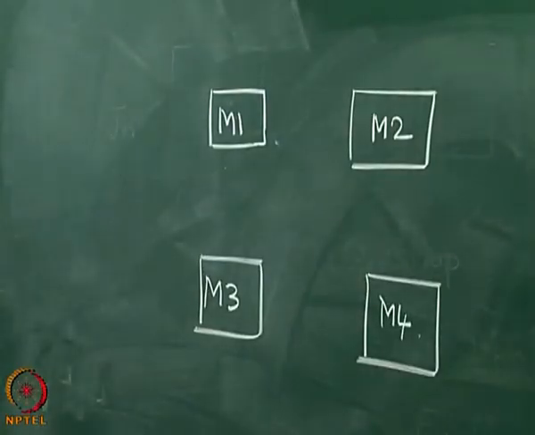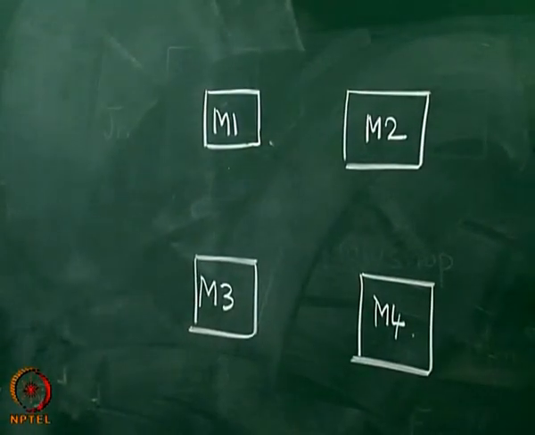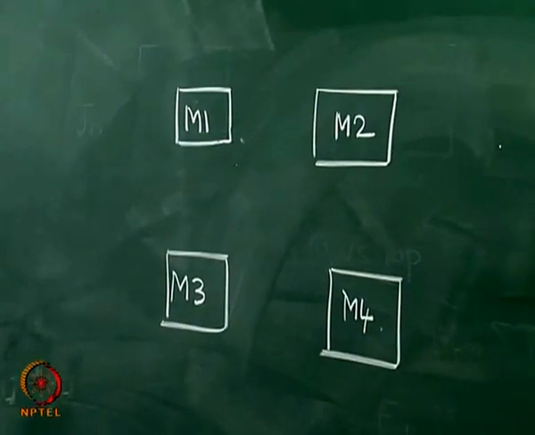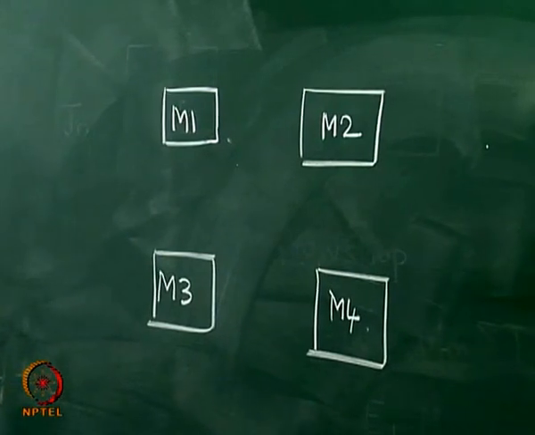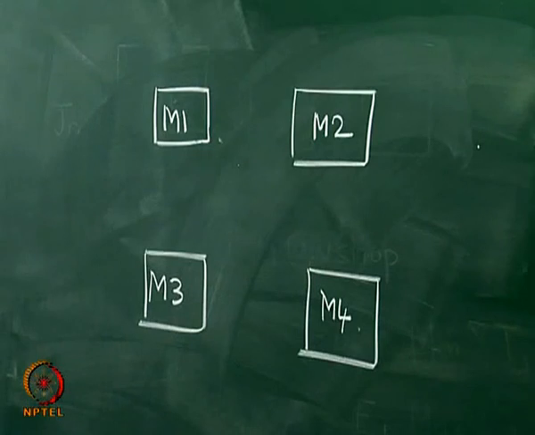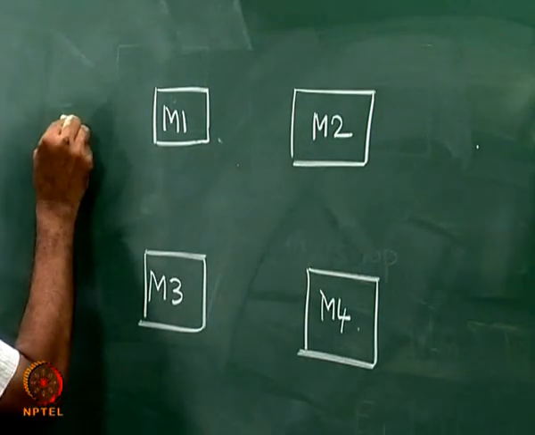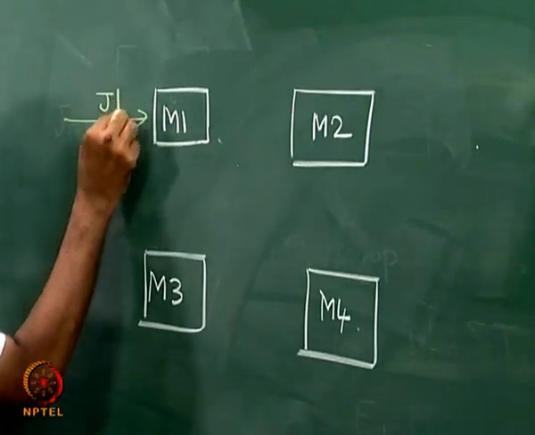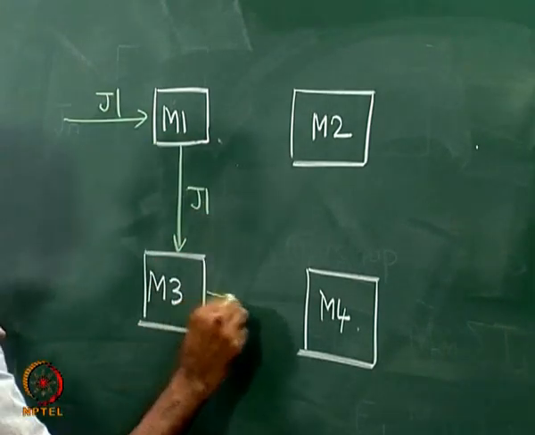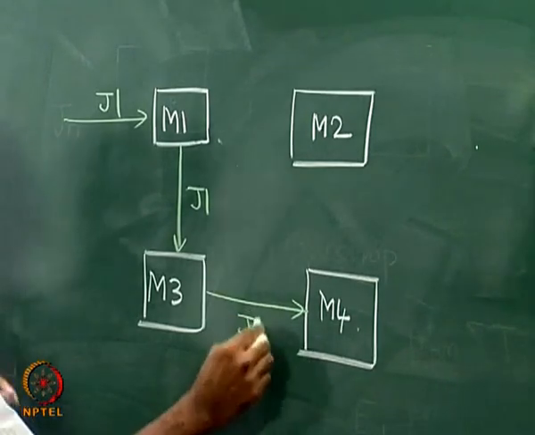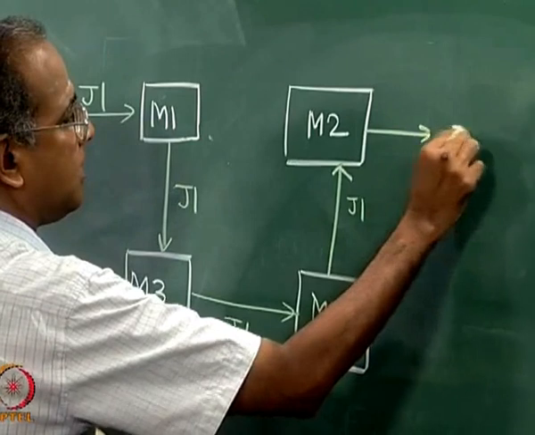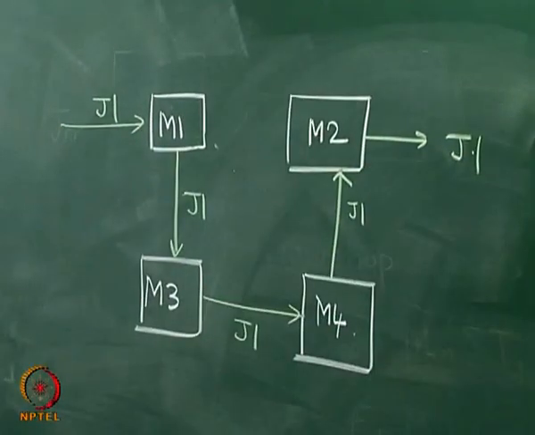Now in a job shop, each job has a certain route which it will take. For example, say job 1 would first come to M1, from there it may go to M3, from there it may go to M4, it may then come to M2, and then it may leave.